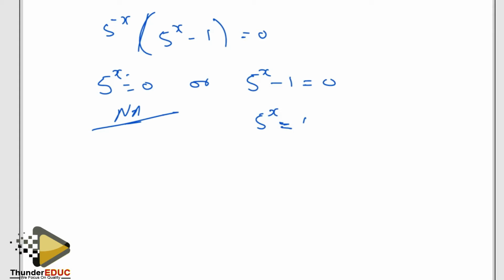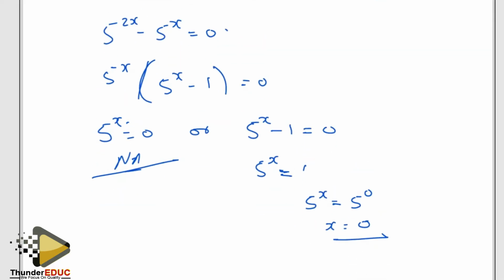The only scenario where we end up with a 1 is when a number is raised to the exponent of 0. So we're going to say 5 to the x is the same as 5 to the exponent of 0. So the bases are the same. You drop them, so x becomes a 0. So that is how this question would be answered.